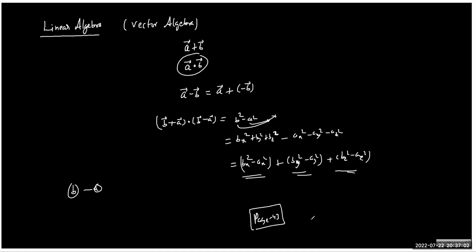Now it comes to vector. It's page 47, where the vector starts. You see page 47, part 3 vector. You can see section A, section B, section C. All three sections you have to finish.